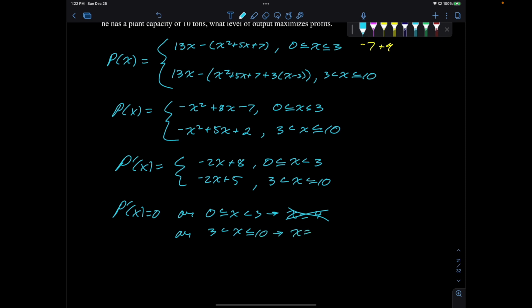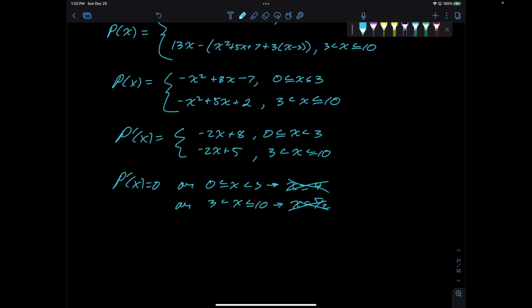You would get x is 5 halves, which is 2.5, which is also not there. So the only critical point is x equals 3 because p prime of 3 does not exist. Okay, so that's our only critical point.